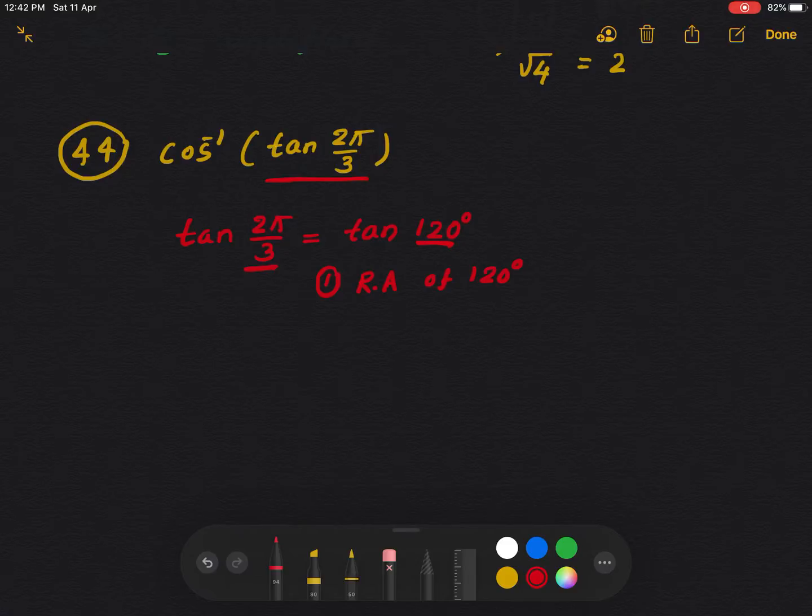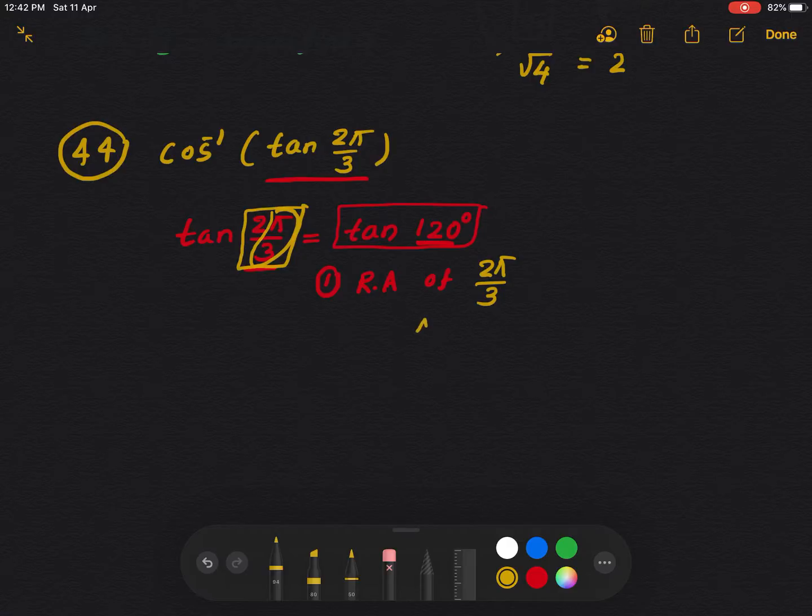What is the reference angle of 120 degree? Or rather, leave the degrees and take 2 pi over 3. What is the reference angle of 2 pi over 3? You can easily write the value, that is pi over 3.